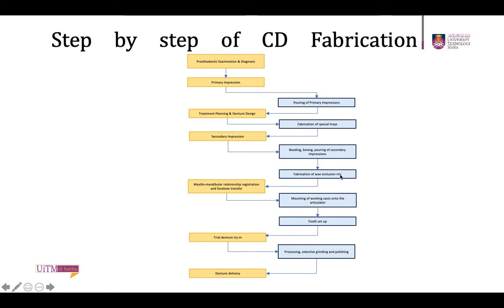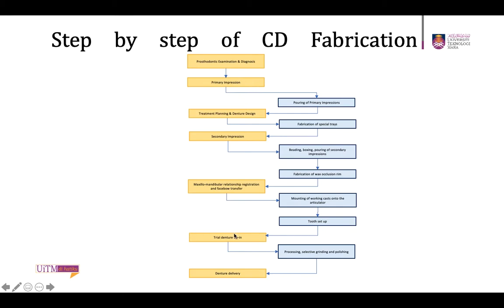From the master cast, only then do you fabricate the wax rim, which you use for your maxillomandibular registration. Once you've registered your MMR, you mount the cast on the articulator and set the teeth on the articulator. This is the stage where you already have your trial dentures.